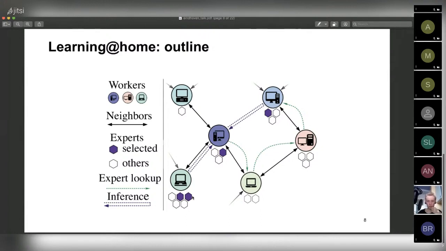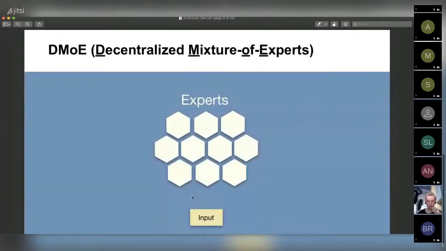Now, for the specifics, we use a specialized layer, which we proposed in this paper, and it's called Decentralized Mixture of Experts. How does it work? If you're familiar with mixture of experts layers, it might be quite easy for you to understand. If not, don't be afraid, I'll explain everything.